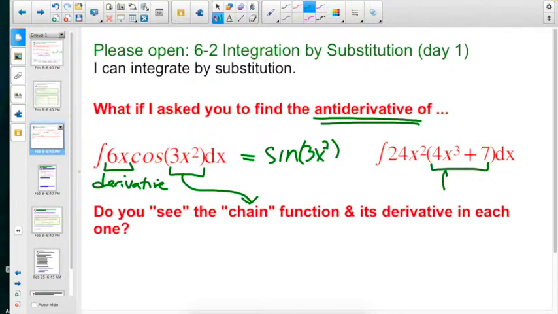So we know that if this is the function with the higher power, this must be some sort of derivative of that function. Now, what is this derivative? If I just look at this, yeah, isn't the derivative 12x squared? How much of the derivative do I have out here?